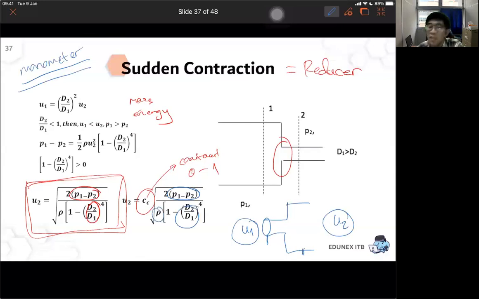The density and the diameter are always constant. So the one that you vary is the velocity at point 2. Then from the variation of velocity at point 2, you will have the value of delta P, the pressure difference. Then you make a curve, right? So from the curve, you can get the gradient, and then you can get the constant.